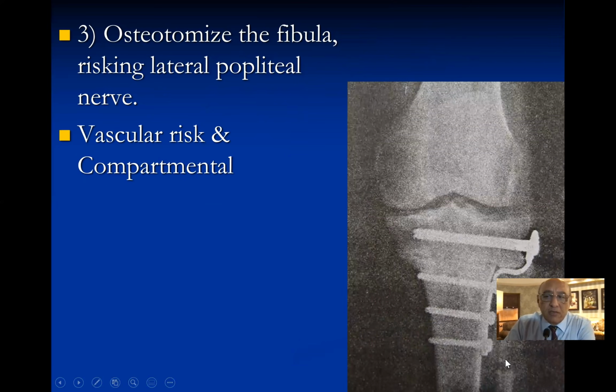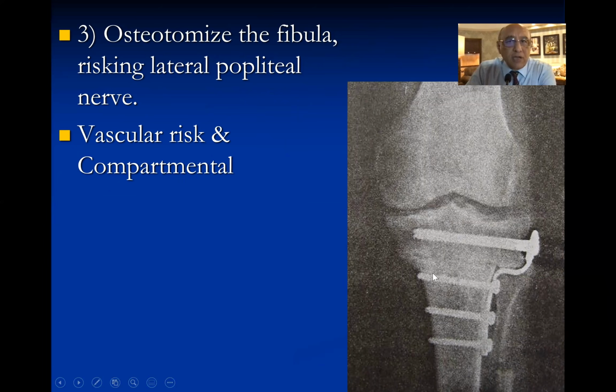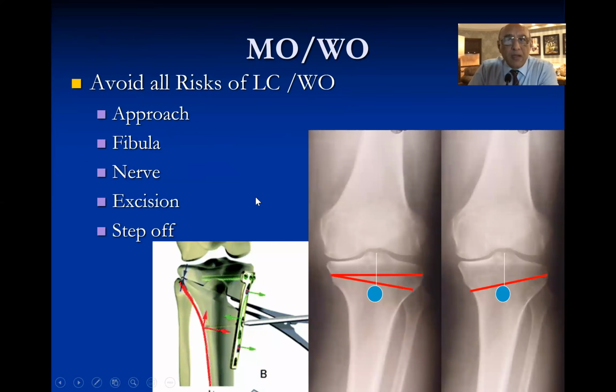Osteotomy of the fibula distally risks the lateral collateral or lateral popliteal nerve, and doing the approach here with excision of such a segment risks the vascular structures, and if we put the plate below, the anterior compartment risks the occurrence of compartment syndrome.